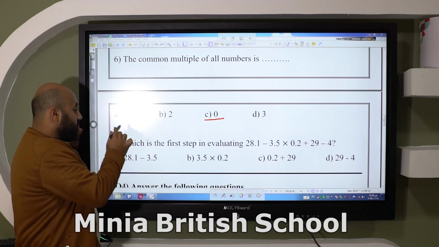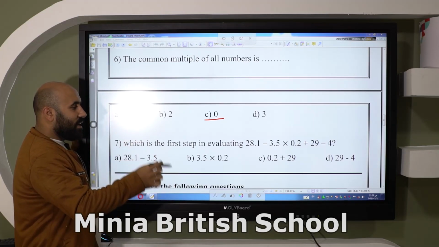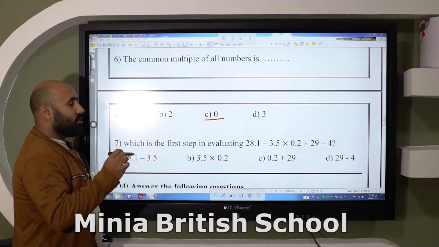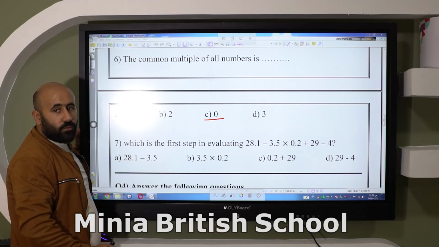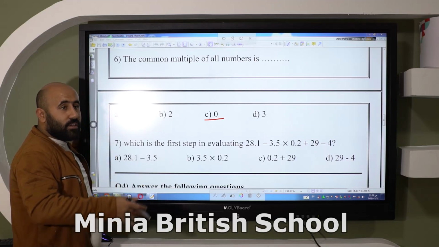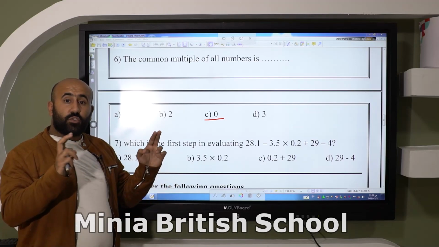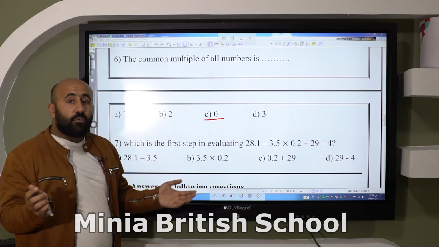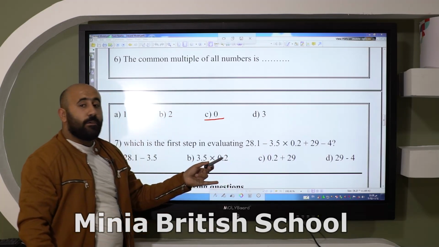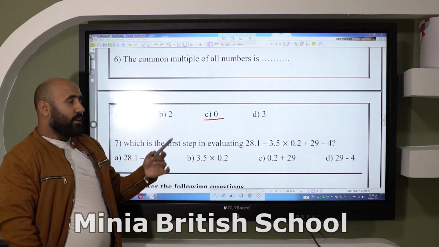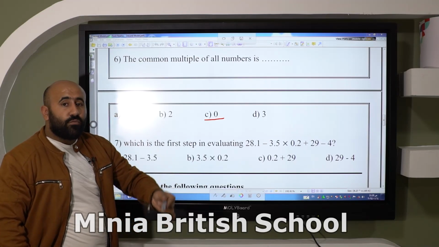This is a mathematical expression, and I have an order. First of all, I must search for the brackets. Do I have any brackets in this mathematical expression? I don't. So let's move to the next.